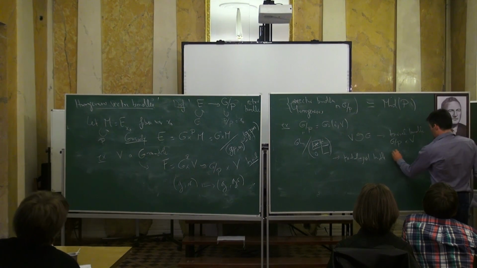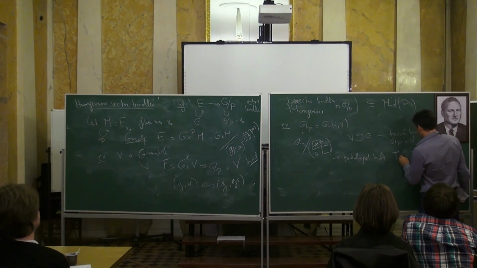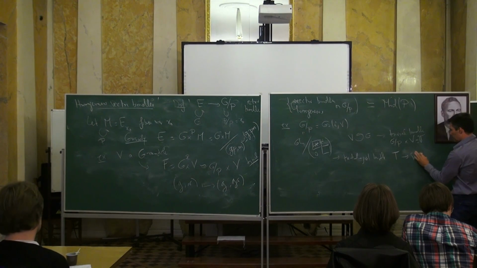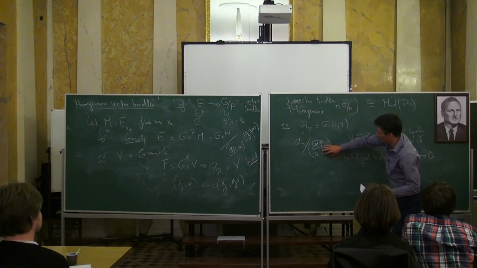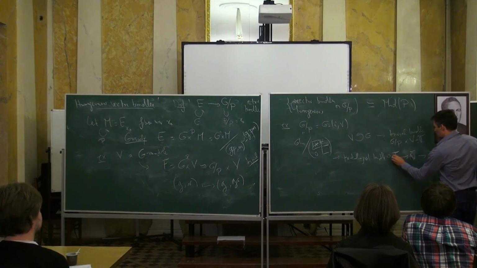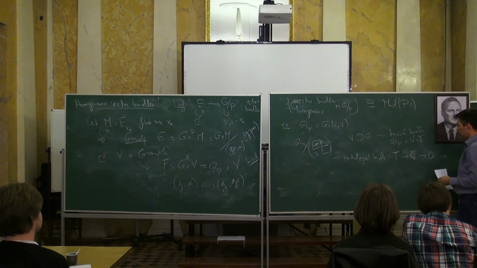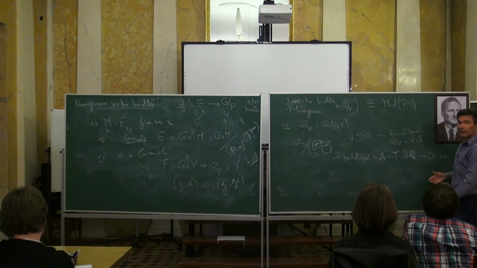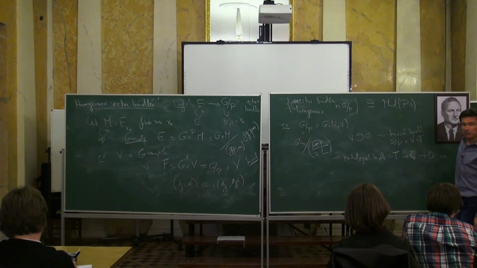And this defines the tautological bundle, which is a subbundle of V, of the trivial bundle. Maybe I should denote it like this. And there is a quotient bundle corresponding to this block. So here we have a trivial bundle, but although it is trivial, it is not a sum of irreducibles.